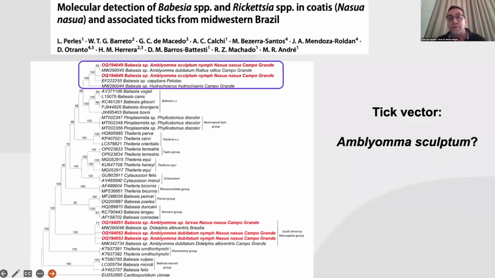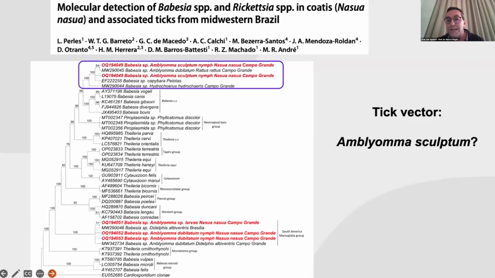What about the tick vectors of Babesia goianiensis? So we collected blood samples from coatis in Midwestern Brazil, and we detected Babesia goianiensis in Amblyomma sculptum ticks, which were collected from Nasua in Campo Grande.